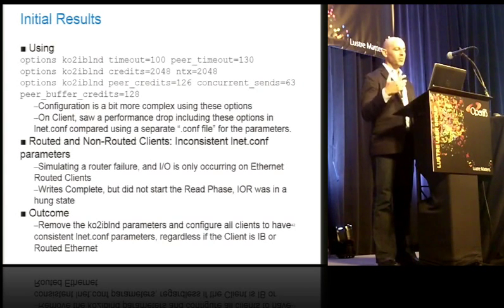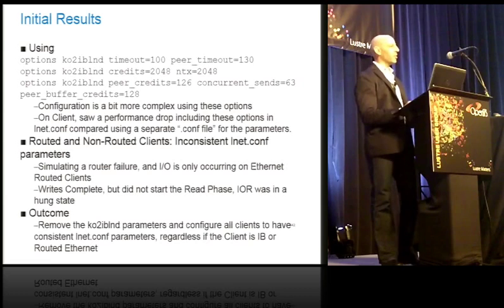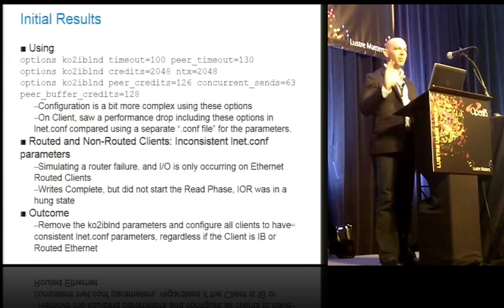When you ran IOR in write and read mode under the same command, the write completed, but the read phase never started. I/O just hung for IOR. So I could not get the read phase to start, which pointed me to retest the IOR configuration: even though my IB clients are not routed, let's apply the same routed configuration to the IB clients and retest.